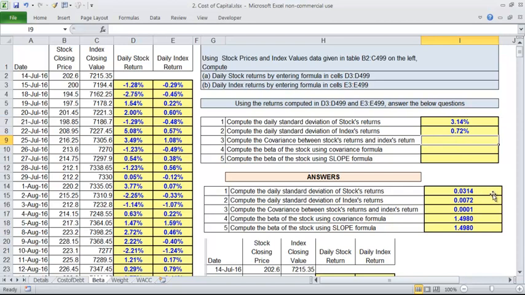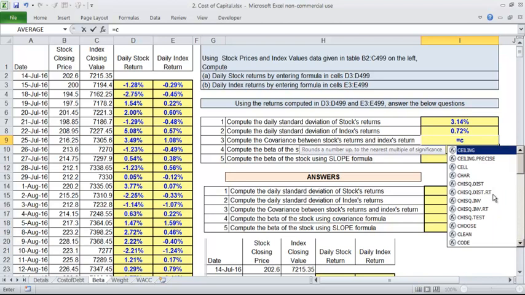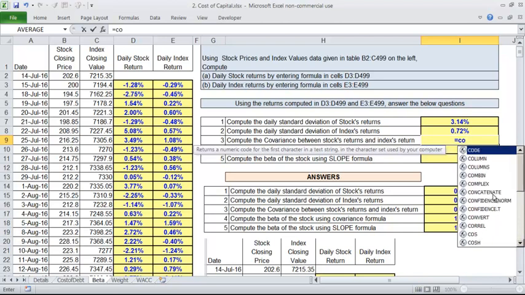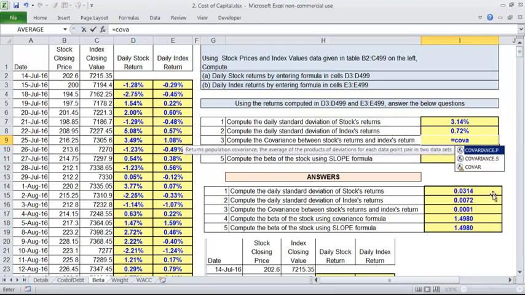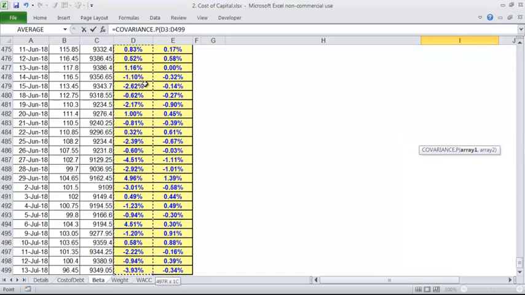Then we have to compute the covariance between the stock return and the index return. Again we are saying it is a population, so covariance can be computed using the Excel function COVARIANCE.P, and it needs two arrays. The first array is for the stock, control shift down, comma.